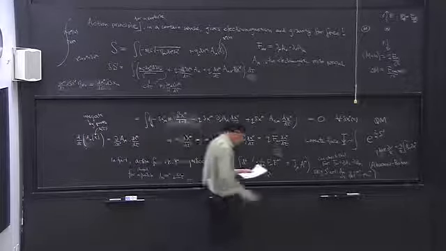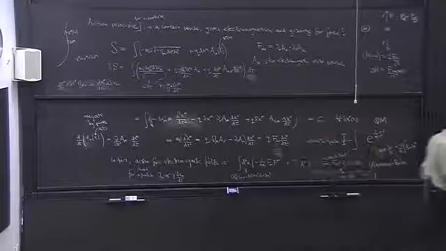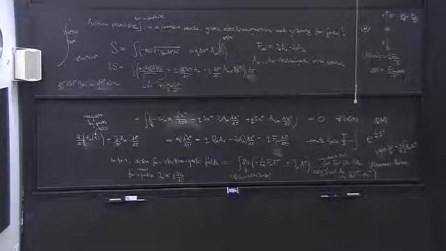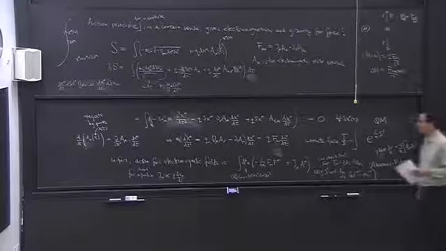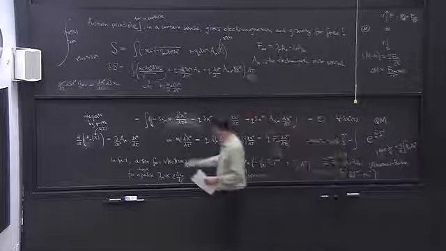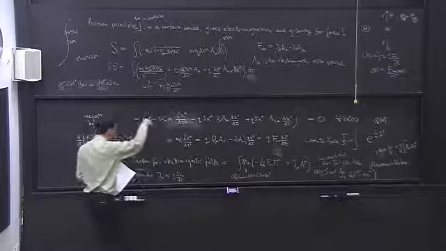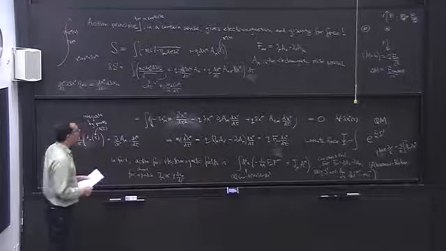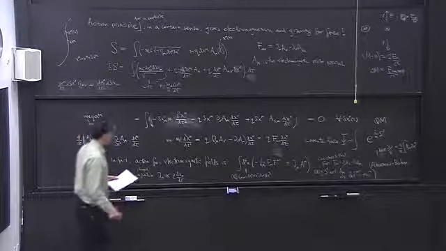And you can read more about that in any of the textbooks. I'm not going to dwell on it. There has to actually be a delta function in space-time because the current is only non-zero at the particle. But I'm not going to go into that.